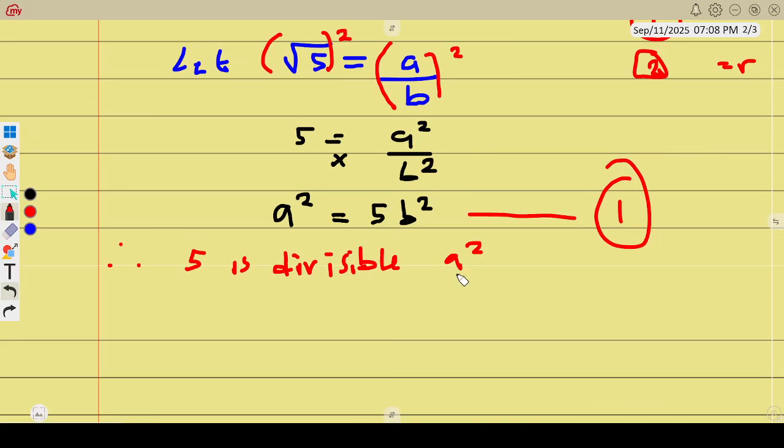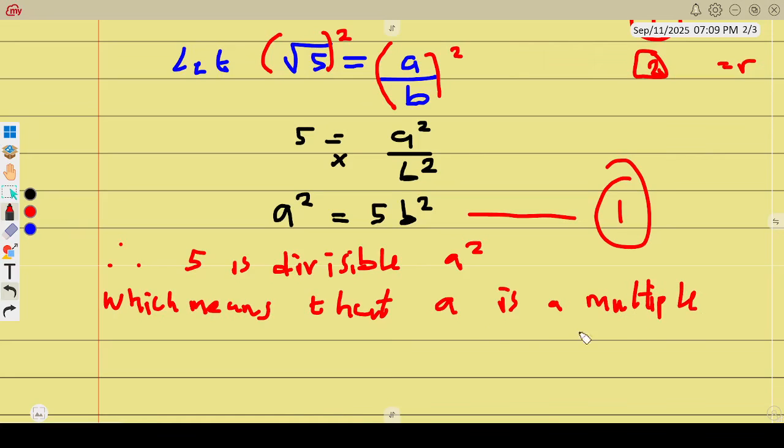So 5 is divisible by a squared, which means that a is also a multiple of 5, is also divisible by 5, any of these.